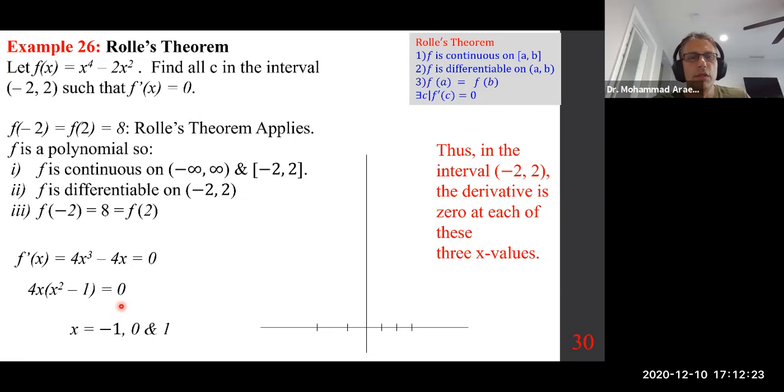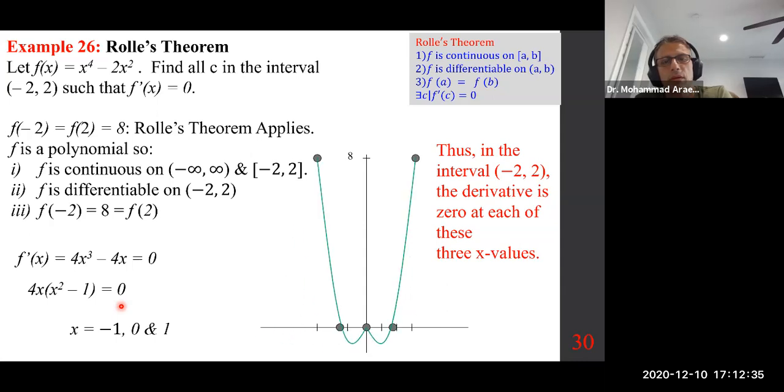Because all 3 numbers are between negative 2 and 2. If you were to graph, it would look like this. You weren't asked to graph, but I just wanted to make a point. So there are 3 answers.